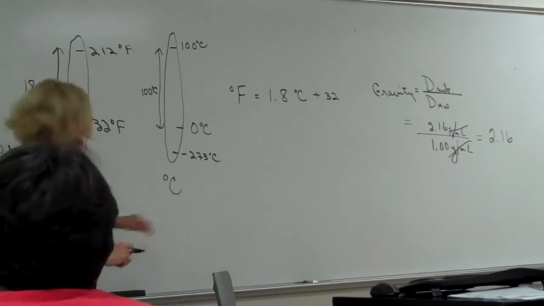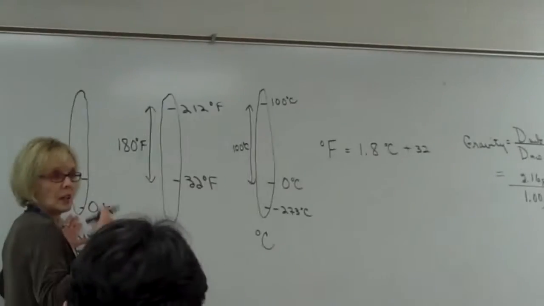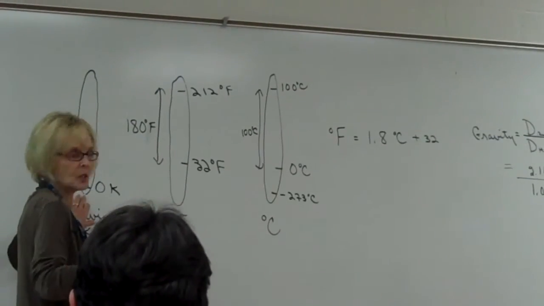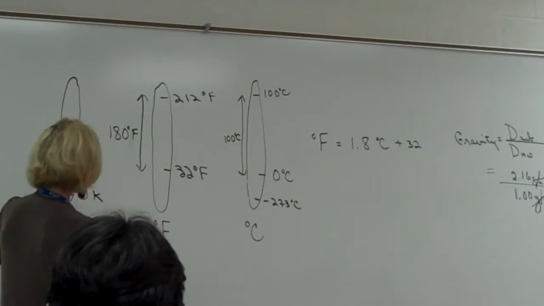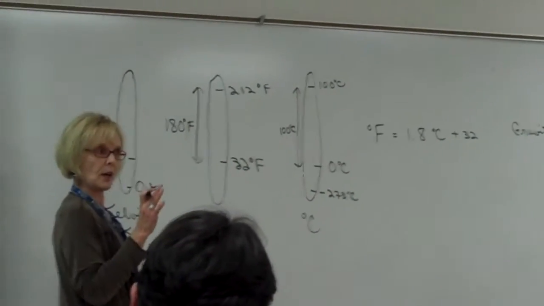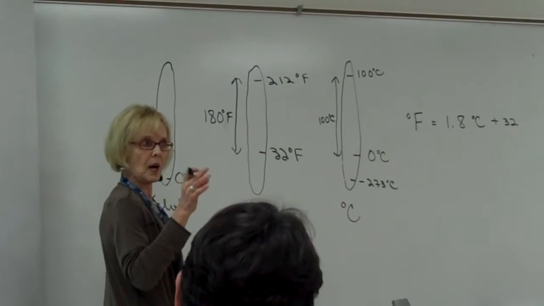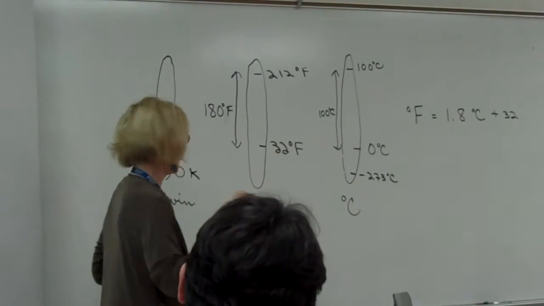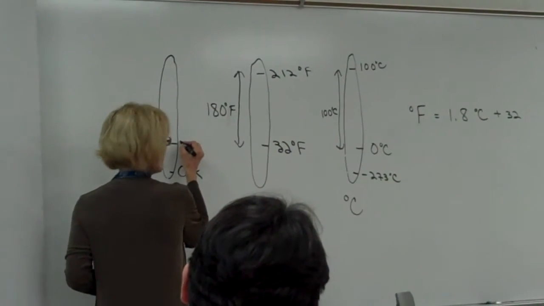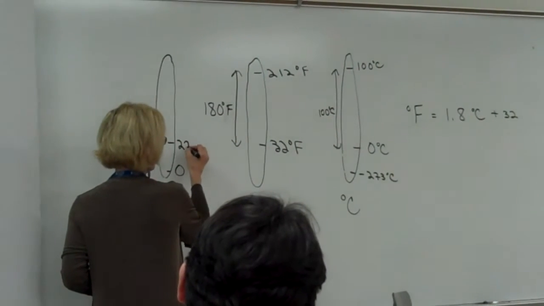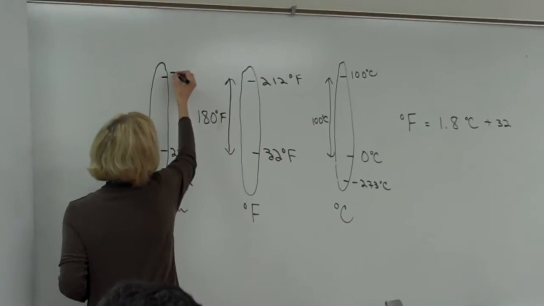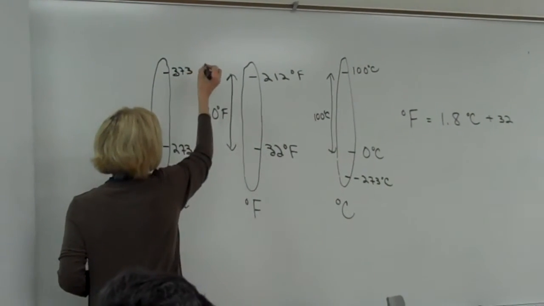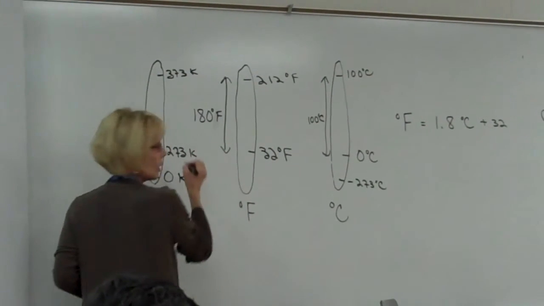So somebody goes, hey, let's just make a new thing. Let's set that at 0, and then we don't have to screw around with all these negative numbers. Okay, so they set that at 0, but they were clever enough to keep the size of the degree the same, and so when water freezes it is 273, and then where it boils will be 373 Kelvin.